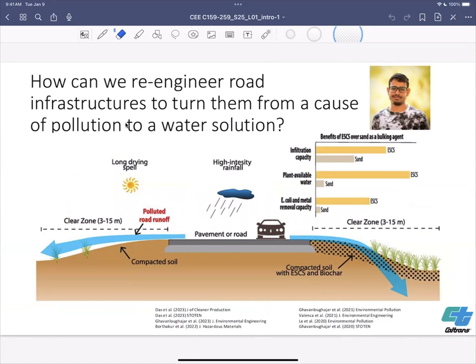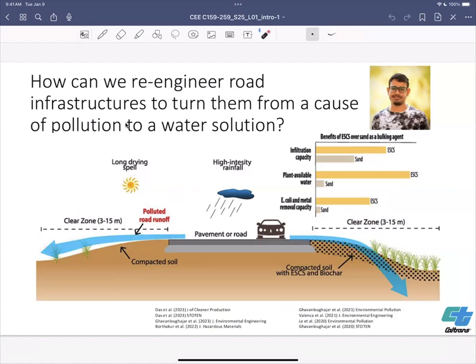The issue here is that roadside soils are mostly highly compacted. When the soil is highly compacted, the runoff always goes over the top. So you don't get any treatment, and that means any pollutants generated on the roadsides or road because of driving and other activities go directly to our water bodies and pollute them.